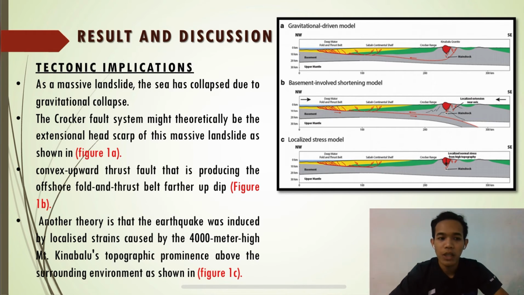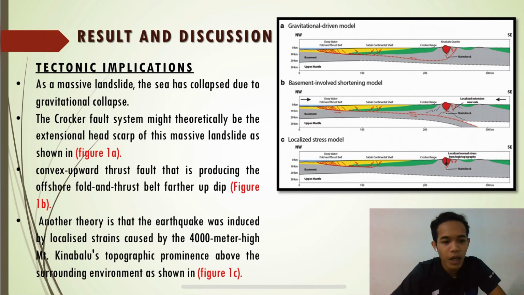First, tectonic implication. As a massive landslide, the sea has collapsed due to gravitational collapse. Second, the Crocker fault system might theoretically be the extensional headscarp of the massive landslide as shown in figure 1a, which is the gravitational driven model. Third, a convex upward thrust fault producing the offshore fold and thrust belt further up deep, which is in figure 1d, which means basement involves shortening model.